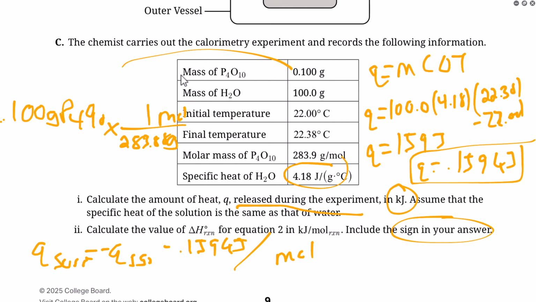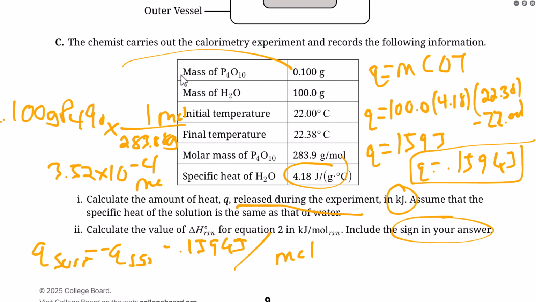When I solve for moles, I get 3.52 times 10 to the negative fourth.